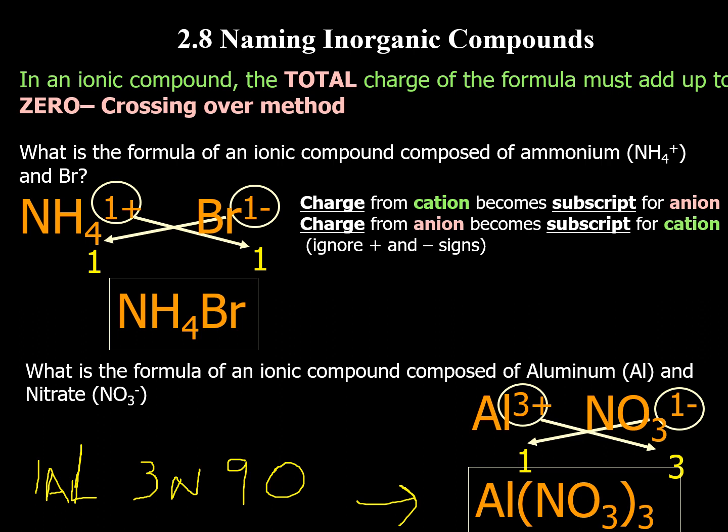How many nitrates? It will be 3 nitrates, and how many aluminum nitrates? That would be 1 aluminum nitrate. There should be a 1 here. So we have 1 aluminum nitrate.